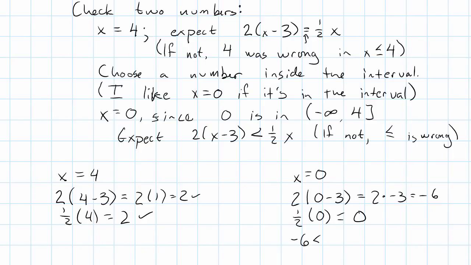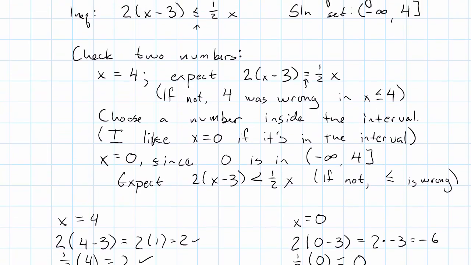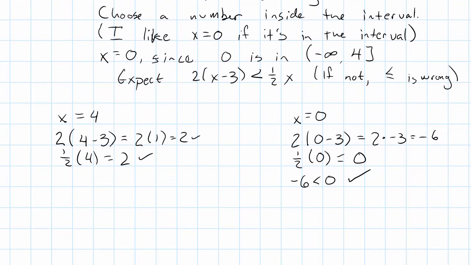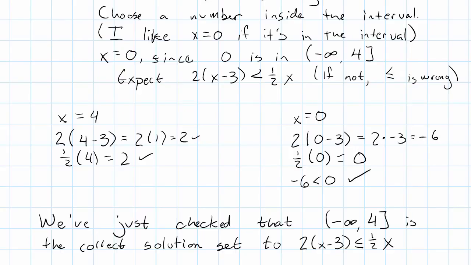Negative 6 is less than 0? Yes, that's true. Okay, so that tells me that the interval we gave really is the correct solution set to the inequality that we wrote down.